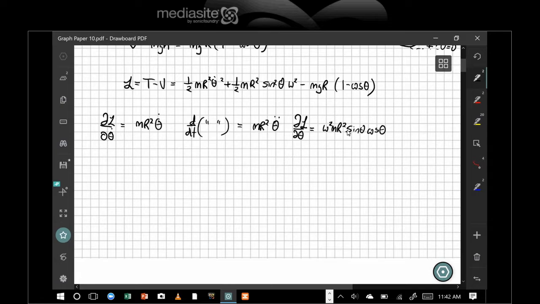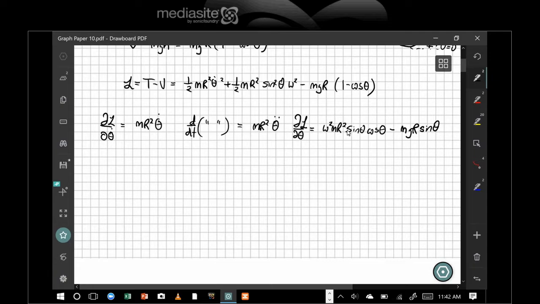The 2 cancels out with the 1/2, so that's going to give me sine theta cosine theta. Okay, now I don't have theta dot here, remember, since it's a partial derivative.